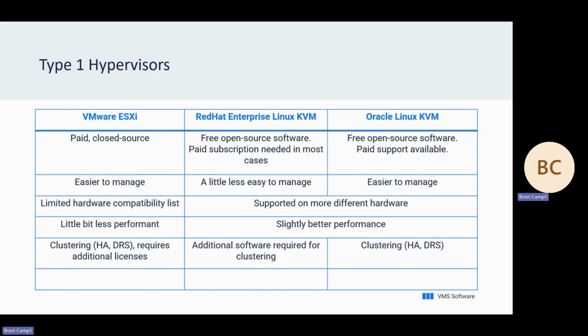This is all possible in VMware ESXi, but it requires you to be on a higher license tier, so there's an additional cost involved. With Red Hat Enterprise Linux, it requires some extra software. And with Oracle Linux, you basically get these features thrown in when you follow that cookbook.